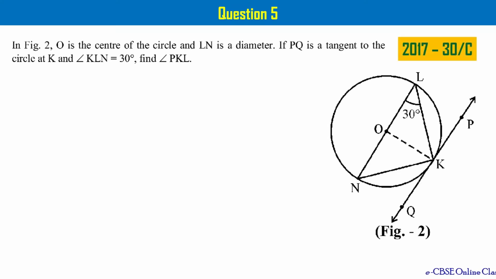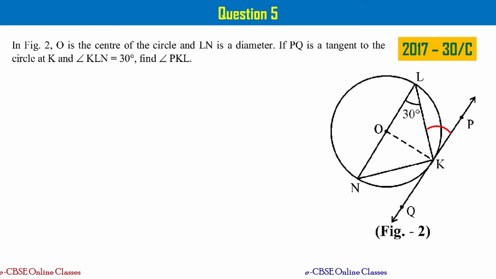In figure 2, O is the center of the circle and LN is the diameter. If PQ is a tangent to the circle at K and angle KLN equal to 30 degrees, find angle PKL. Angle PKL is shown using red color line here. From the figure, angle KLN equal to 30 degrees is given, right?